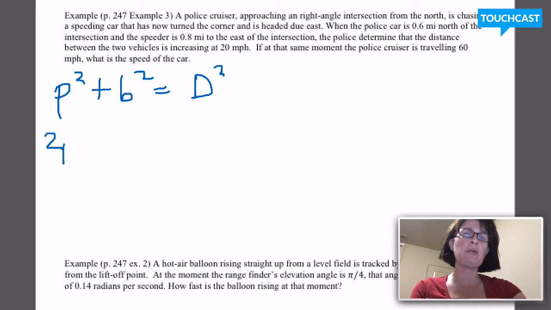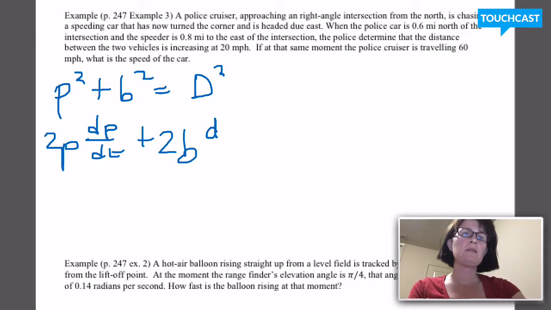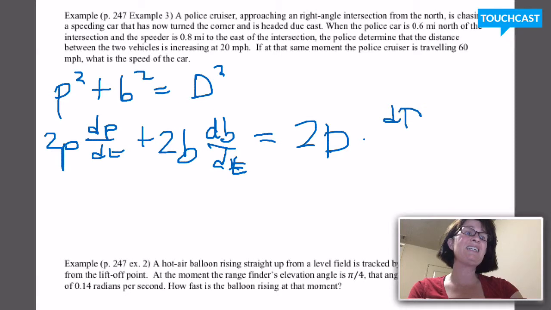That's going to be 2P dP/dt plus 2B dB/dt equals 2D dD/dt.